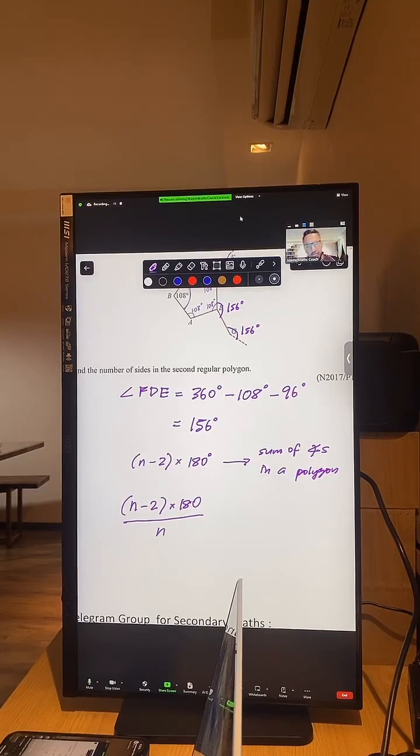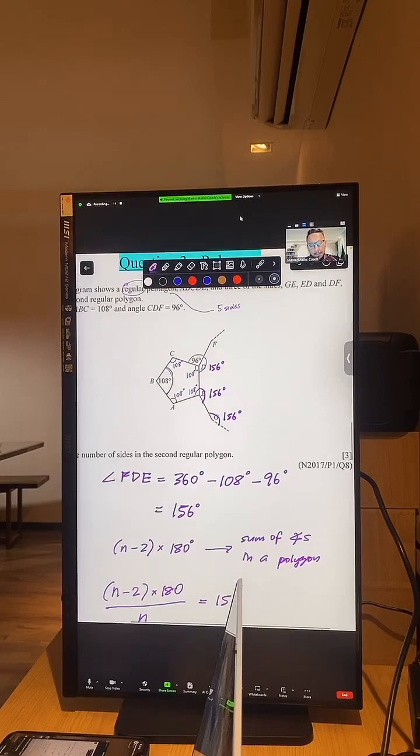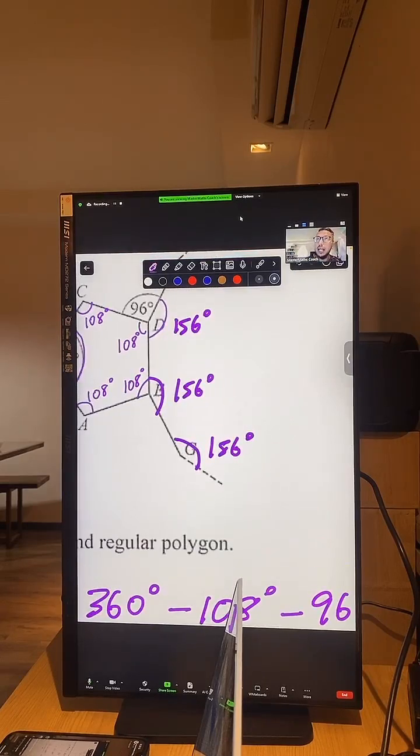And we know now that this must equal 156, because in this question every internal angle is 156.